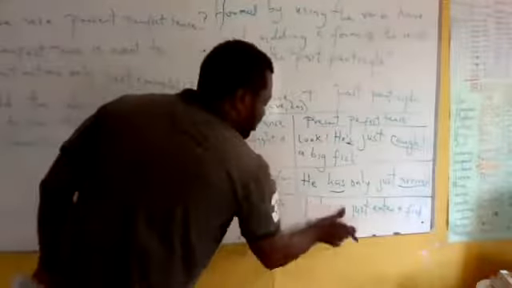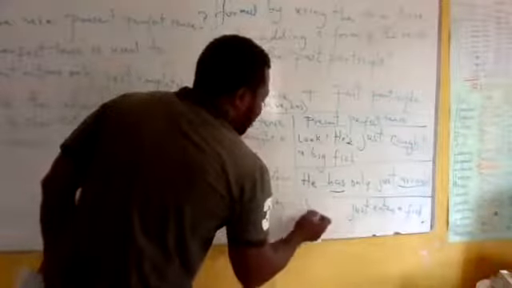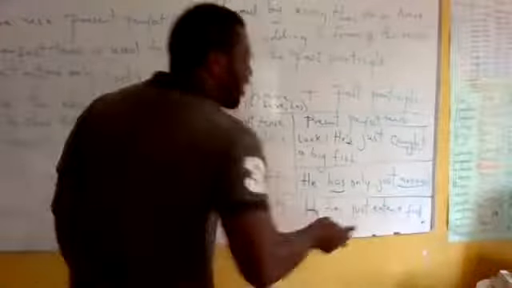Since it's being reported, let's use he has just eaten a fish, telling us that it is just being completed in the present moment. So I hope we are able to decipher.